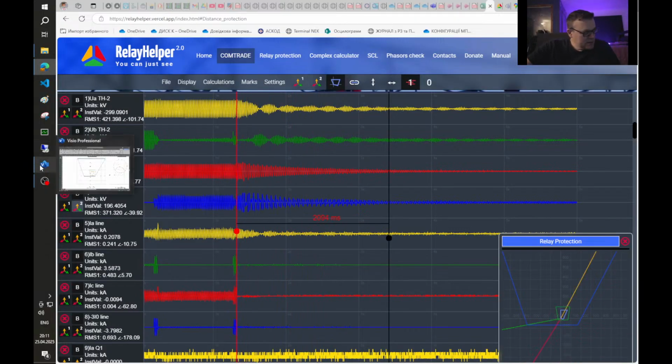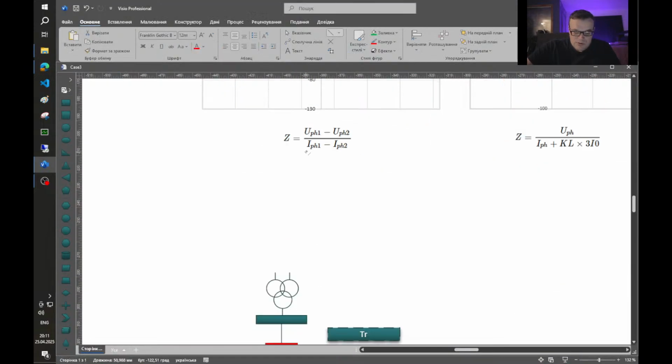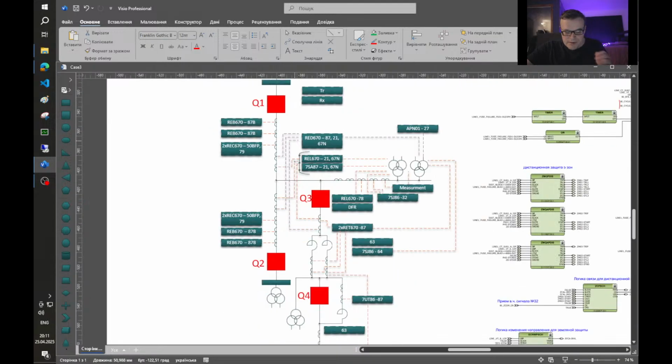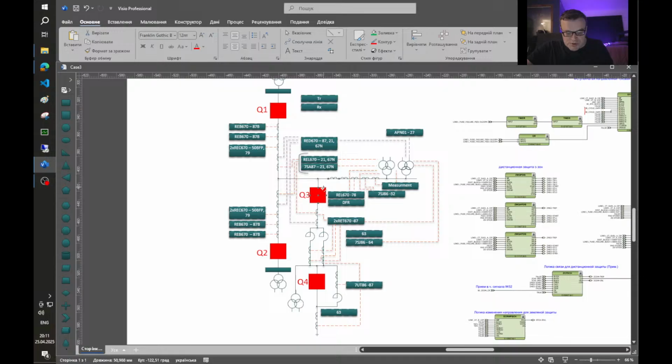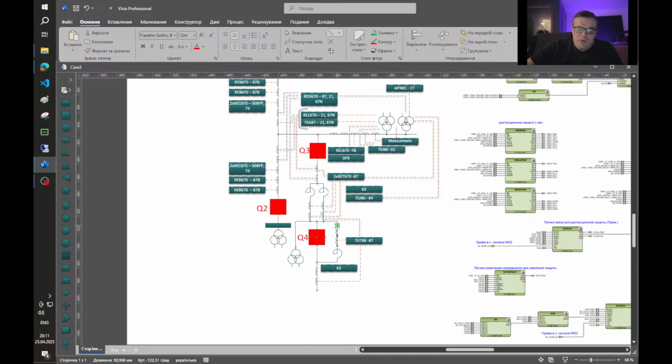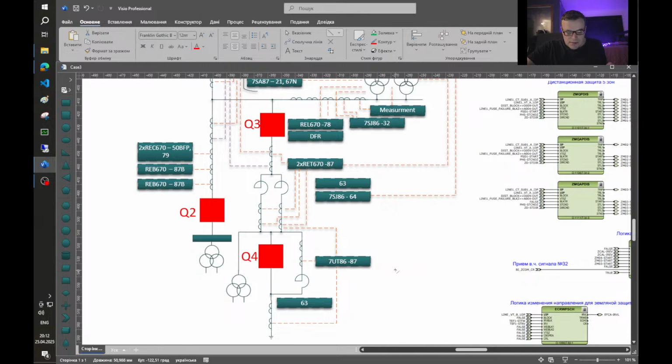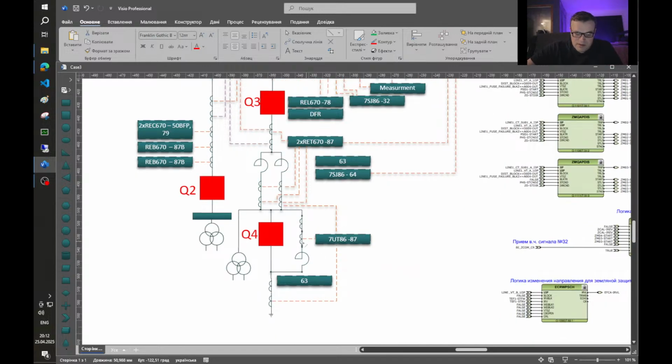But I planned to talk about modern designs and modern protection. So this is an example of one of the modern designs, and usually the modern design, if you look at the primary scheme, has this neutral reactor, and in this particular case it has Buchholz relay, differential protection.